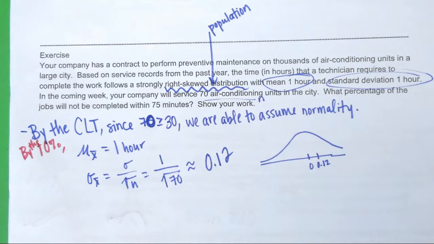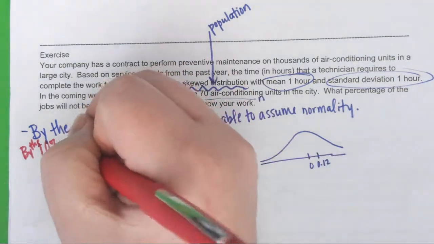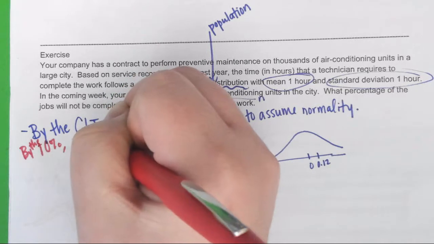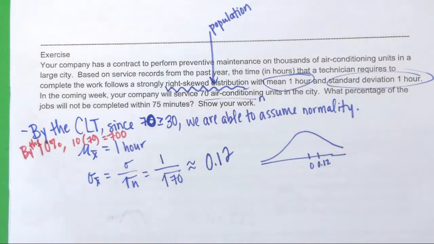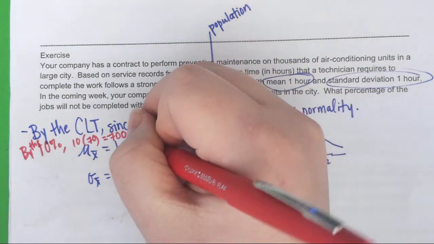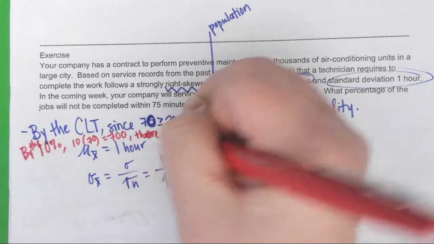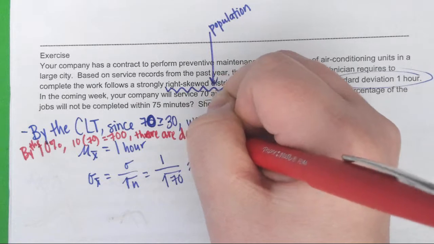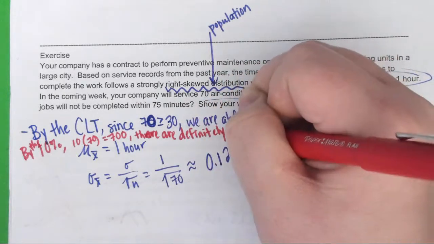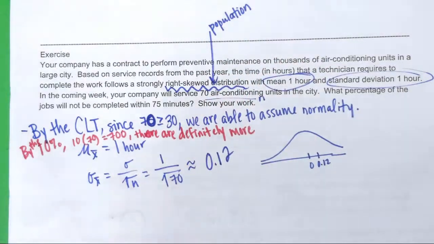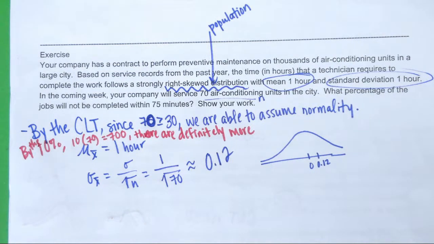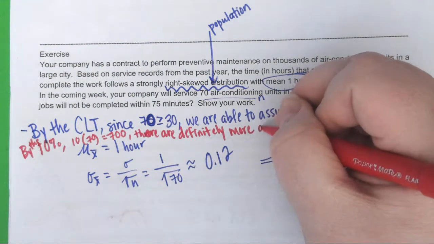All of the air conditioning units in the city. Okay, we're having 70, so 700, definitely, so we're definitely servicing more than that. There are definitely more air conditioning units in the population.